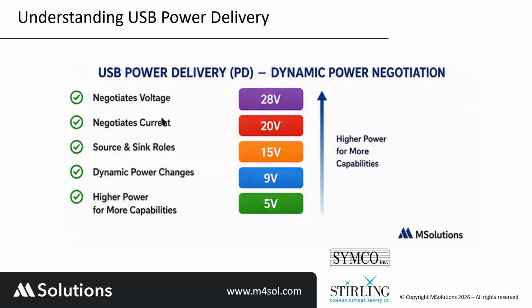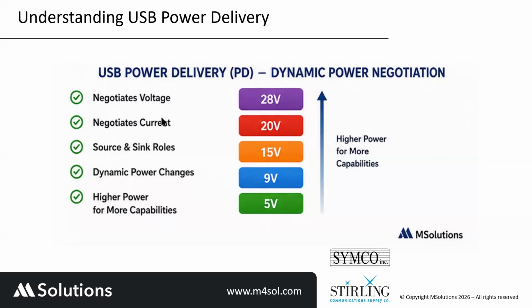We were using 5 volt. In USB 3, we were using 0.9 amps, 900 milliamps, as a cap that you cannot pass, and in USB 2.0, it was half an amp, 500 milliamps, to deliver.